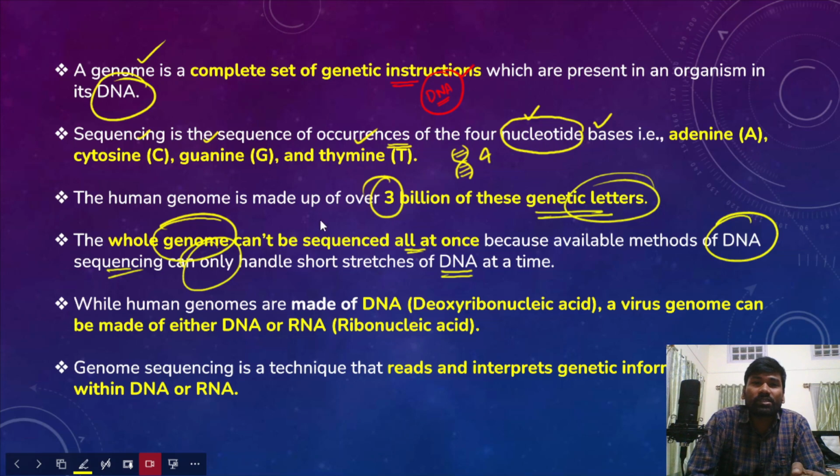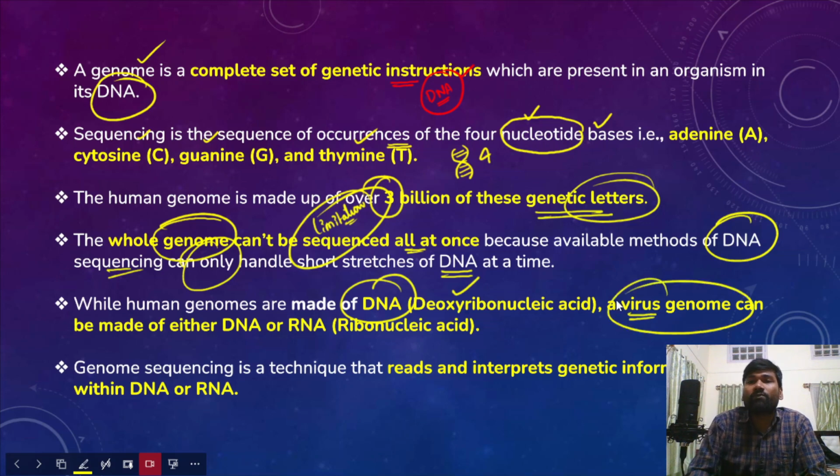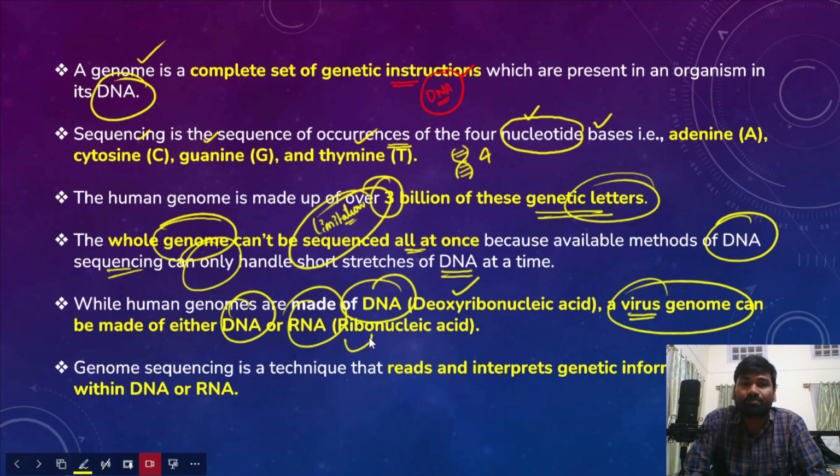Because of this existing limitation, we cannot sequence the genome of an entire organism at once. Human genomes are made of DNA, that is deoxyribonucleic acid. However, viruses also have a viral genome, which can be made up of either DNA or RNA.